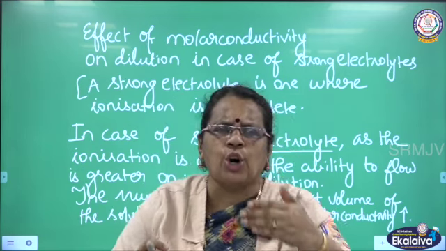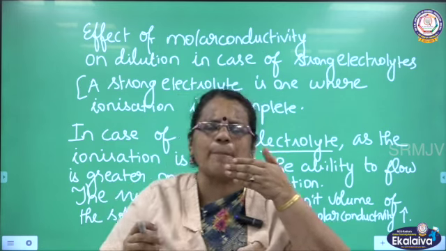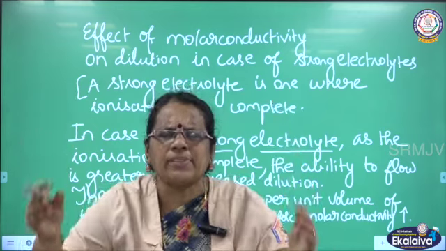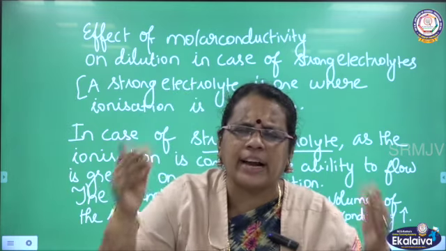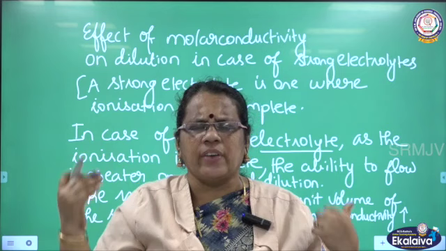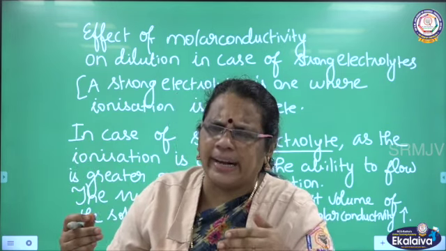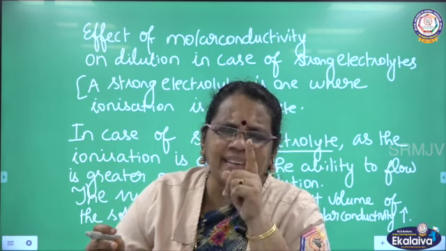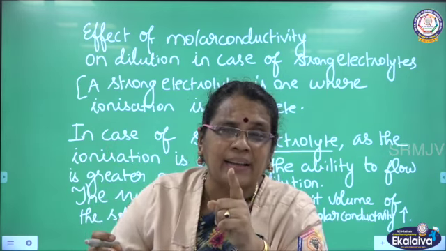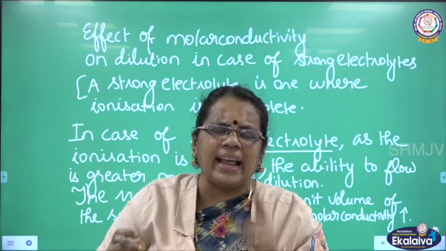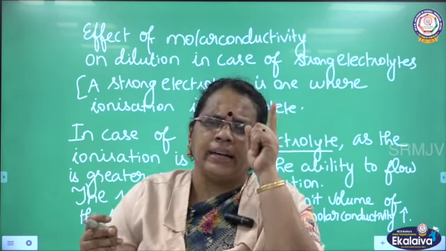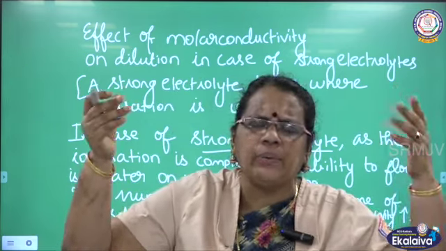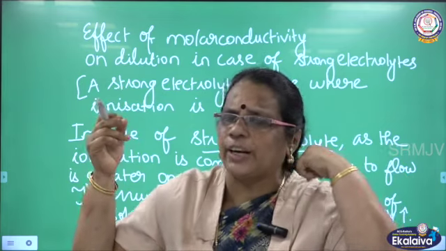Strong electrolytes are those where ionization is complete, 100% ions are produced, completely positive and negative charged ions. A weak electrolyte is one where ionization is partial or incomplete, so we do not get complete positive and negative charges.